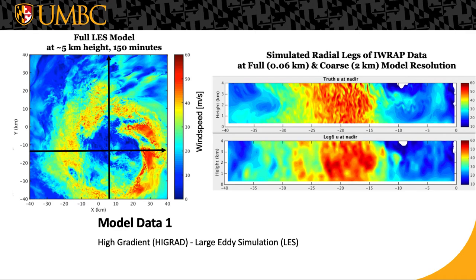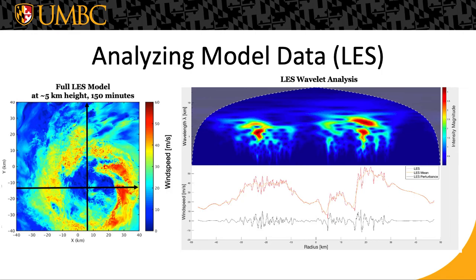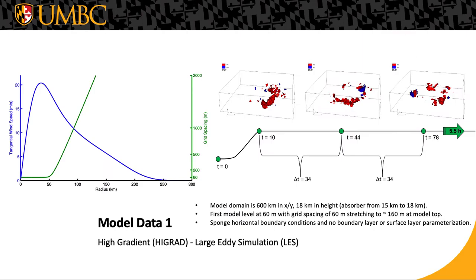It's kind of an argument of what resolutions are needed to resolve these turbulent eddies of 1 to 3 kilometer wavelength, and it was found that the 60 meter full resolution LES simulation was sufficient in resolving these wavelengths, whereas the coarse was not as effective. And here's the wavelet result.